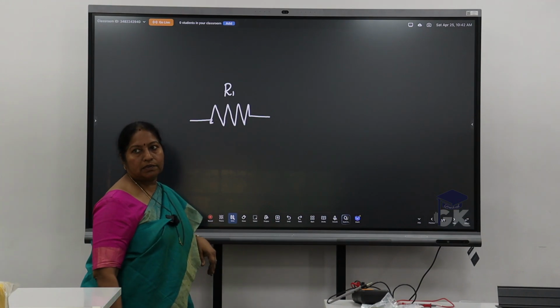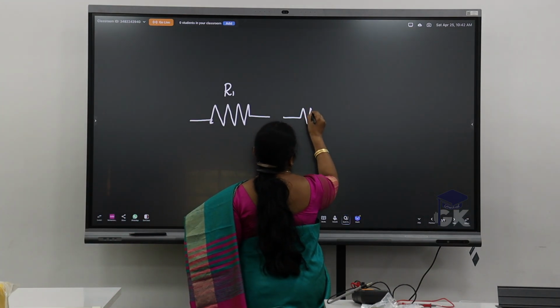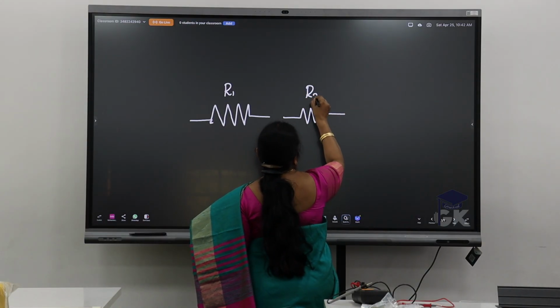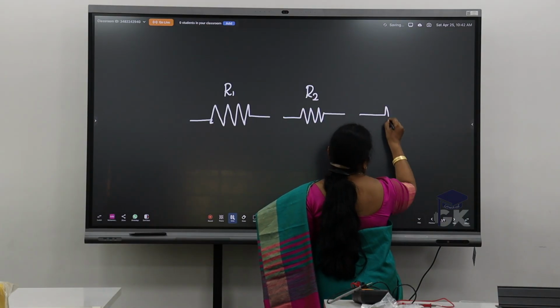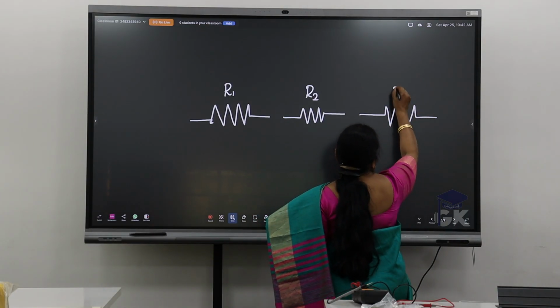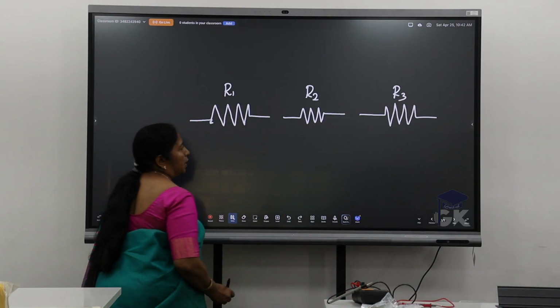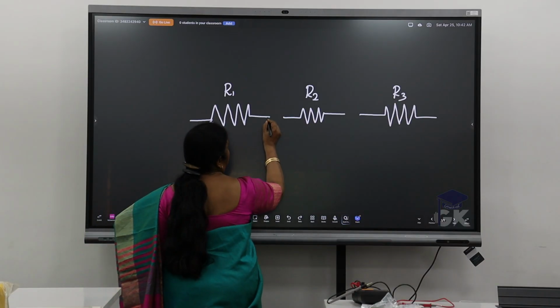Okay, one resistor is there. So another resistor, let me take it as R2. One more resistor I have, R3. So here physically when I am connecting, one end is connected to the other end.